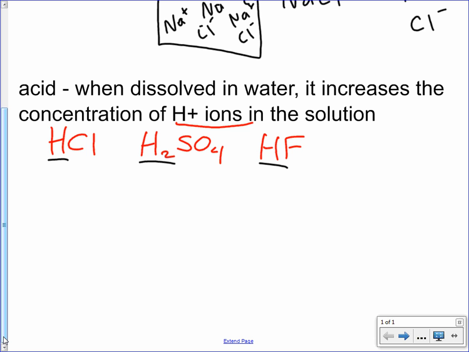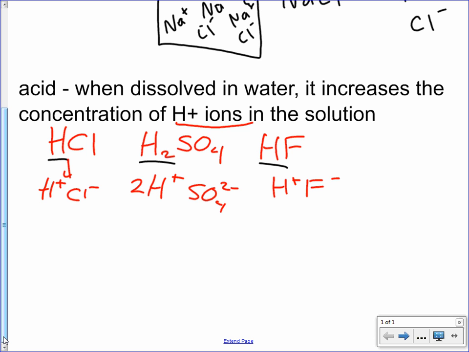So when you put them in a solution and they dissolve, each one of them is going to increase the amount of hydrogen in that solution whenever it splits into ions.